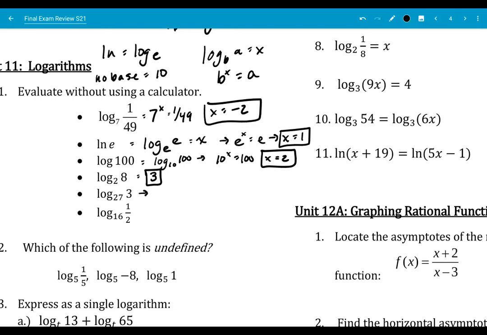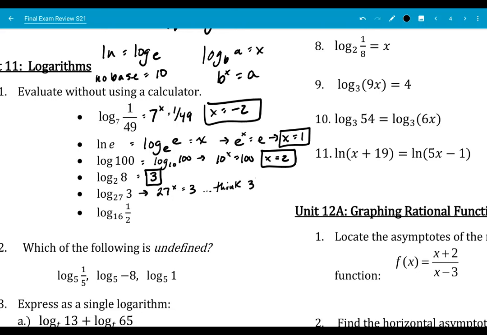So for this next one, when the base is bigger, you kind of have to think backwards. So what this is saying, like we've been talking about, is 27 to the power of something is 3. So when my answer is smaller and not a fraction, that means that my exponent has to be a fraction. So here, what I want to think about is I want to think in the reverse.